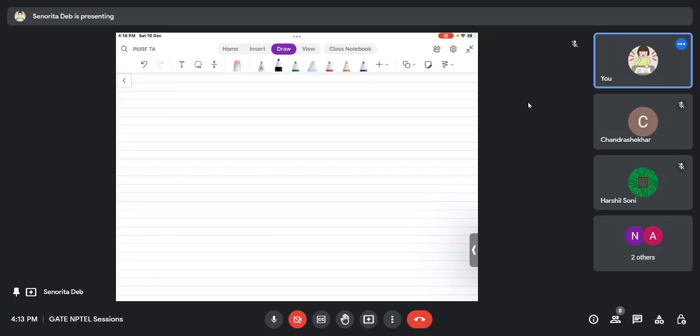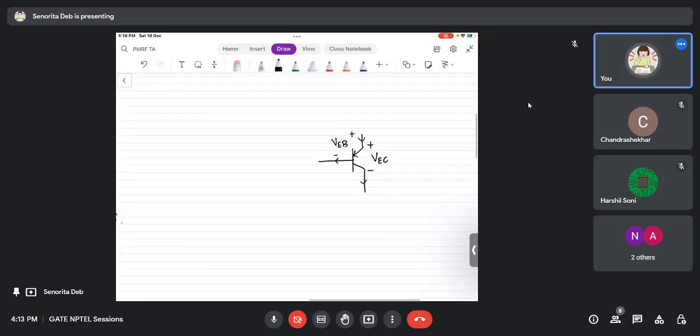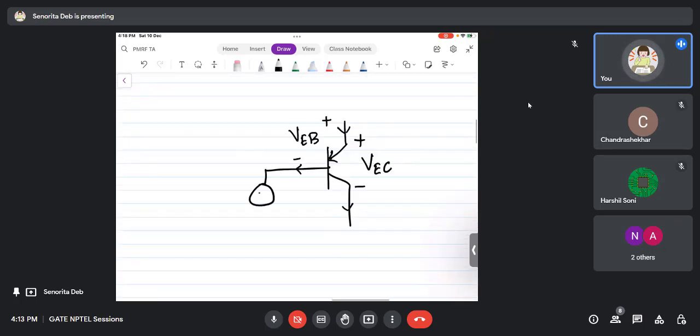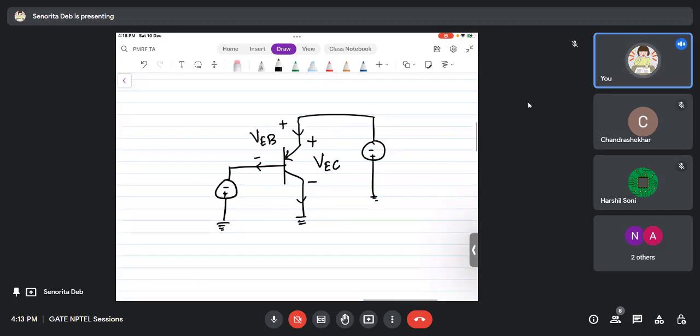Okay, and the source will also be connected in this way, in this kind of connection. So VEB will be positive, and VCC will be something higher in value.